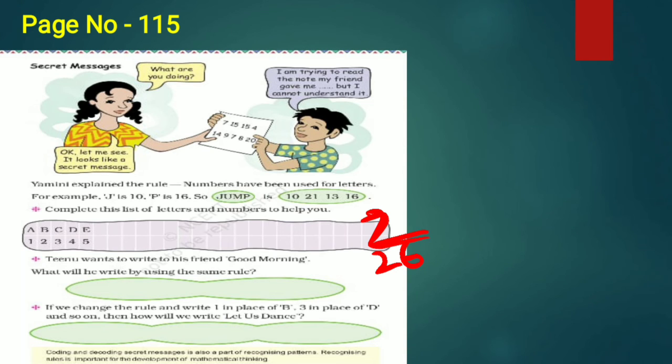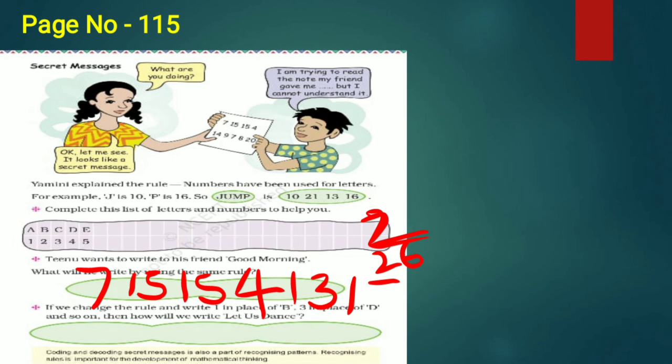For G it is 7, and for O it is 15, double O, so 15, 15 should be there, and for D it is 4, for M it is 13, for O it is 15, for R it is 18, for N it is 14, for I it is 9, for N it is 14, and for G it is 7. Okay, this was the secret code.